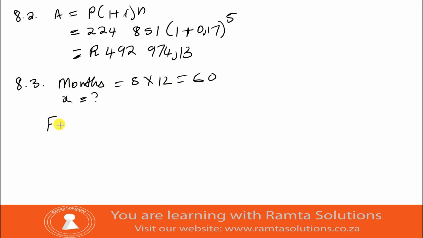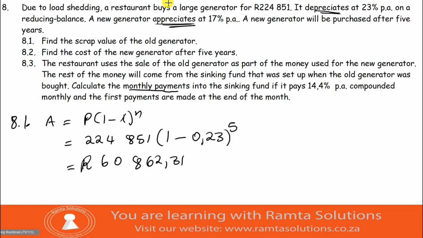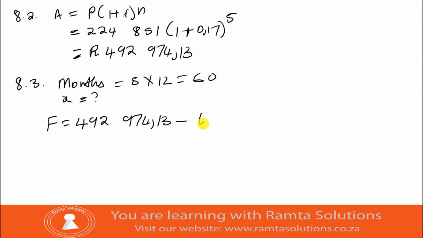The future value is the value of the new generator, 492,974 rands and 13 cents, while the value of the old generator is 60,862 rands and 31 cents. So this is the future value that the restaurant needs to budget.